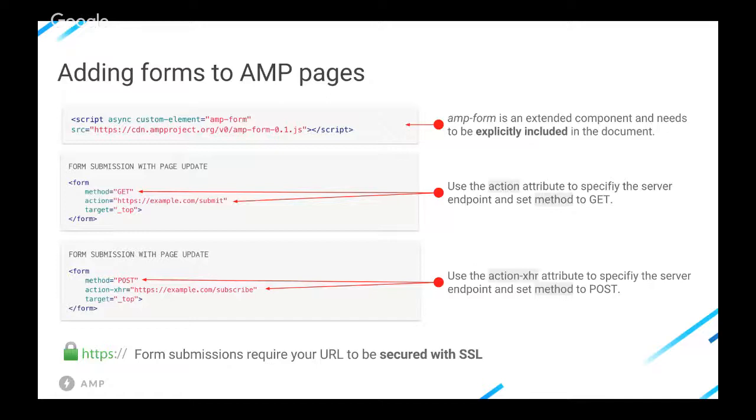The last thing to mention about forms is that form submissions on AMP require security, which means your page needs to be secured with SSL. I think that is an important point about an AMP page, but it's an important point in general. We all want to be safe on the web. So that is required, and I think that's a good thing. So that is no limitation by any means.